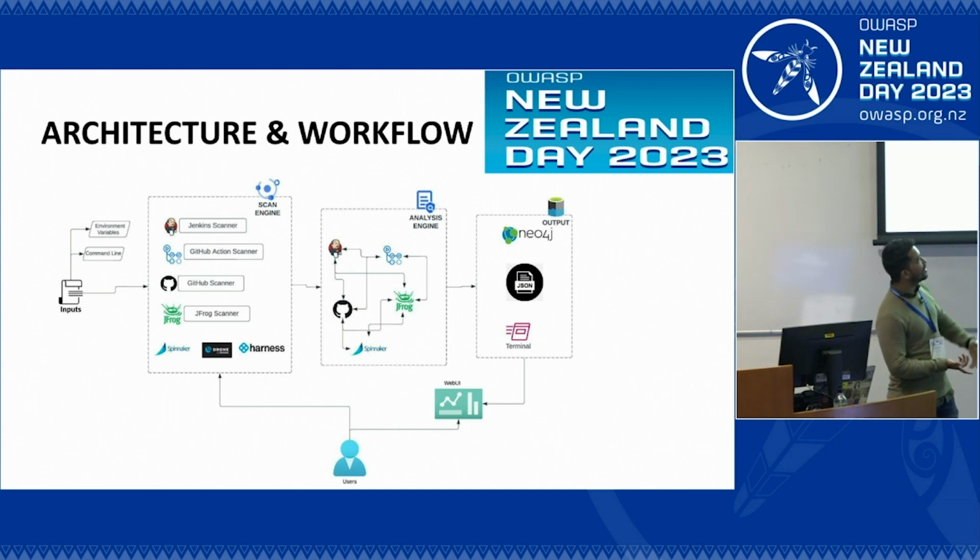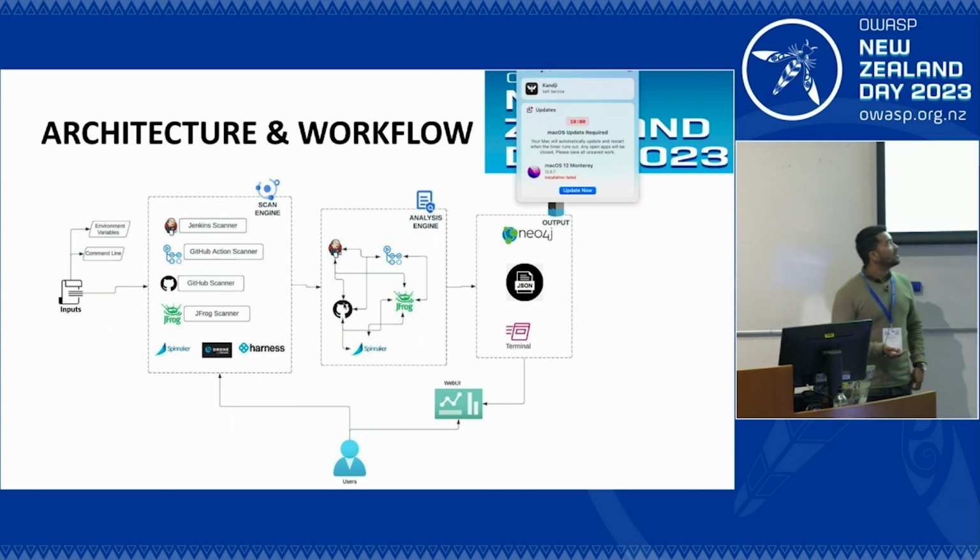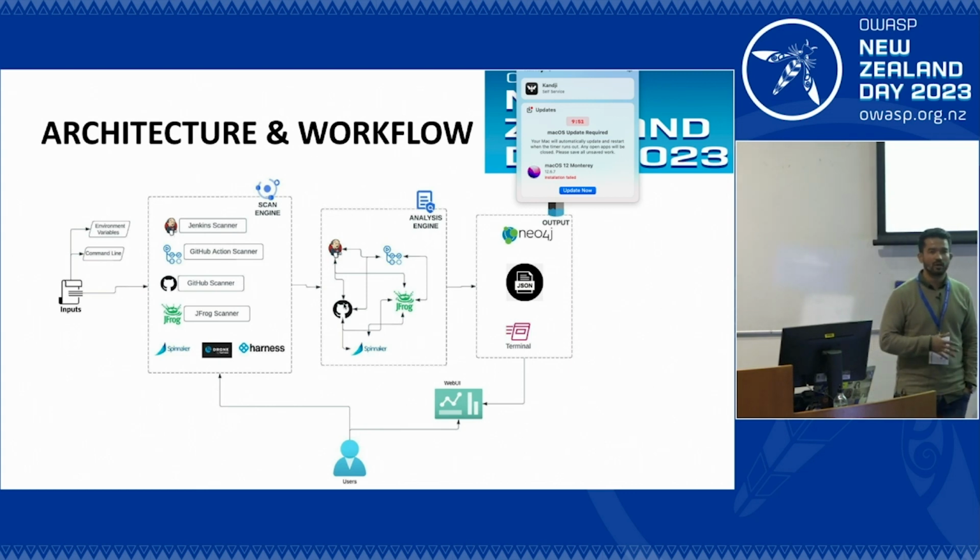In the output format, you have three types. Like I said, you can simply show it in the terminal, put it into JSON, and have it stored in Neo4j. The primary reason I have JSON is that you might want to redirect that output into your analytics engine, say Elasticsearch or something like that. Or maybe you want to integrate it into your workflow and consume that JSON format in some other way.